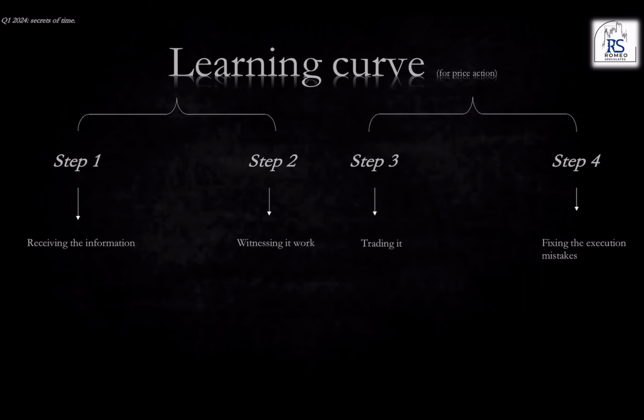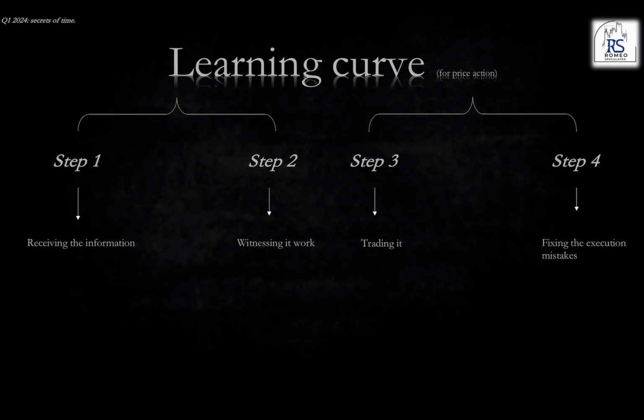The learning curve of price action is 4 steps. No matter who you are in the entire world, from the moment you enter the market, from the very moment you sign up to MT4 or whatever broker you have, and from the moment you choose this path as a trader, of course, some sign up before choosing the path.